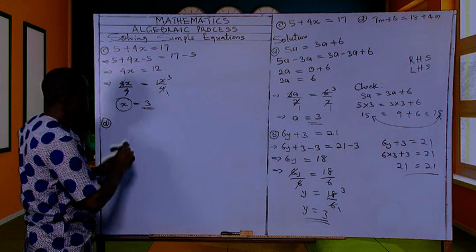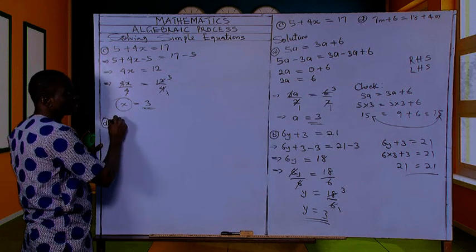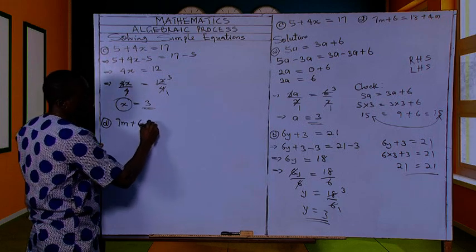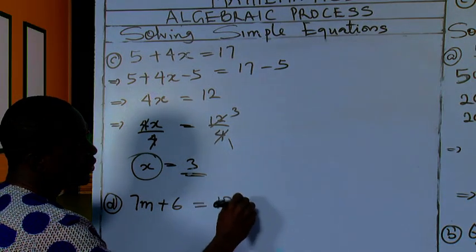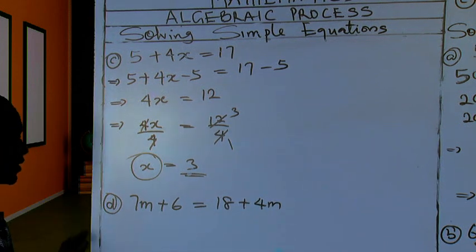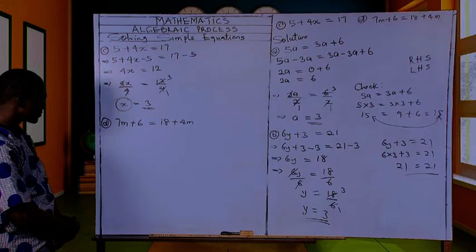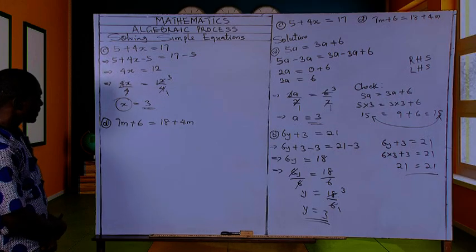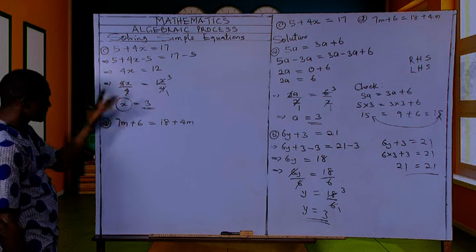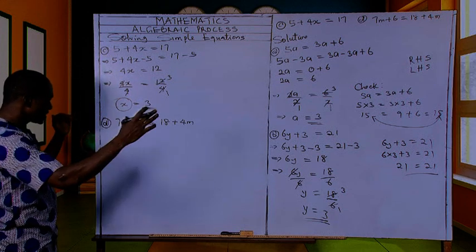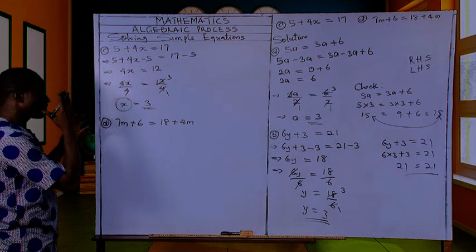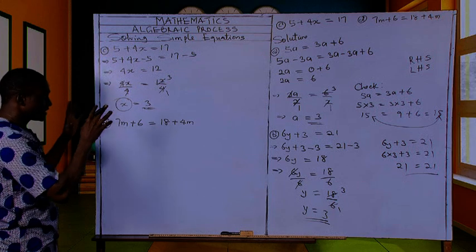Question letter D, we have 7m plus 6 equals 18 plus 4m. Now let's look at this. We have 2 terms on each side, and 4 terms generally.